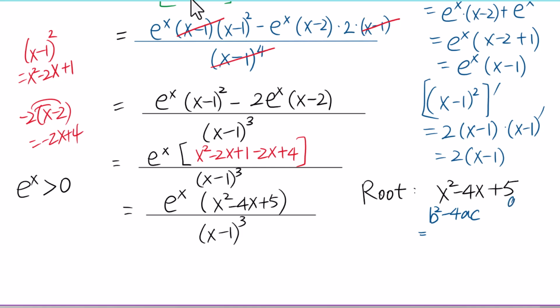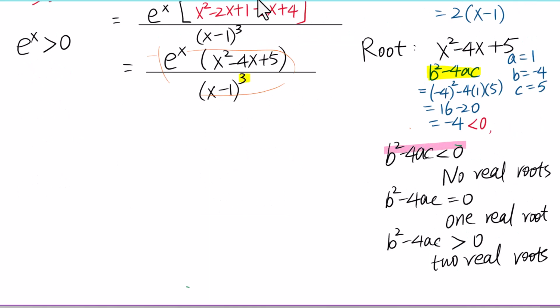We know a equals 1, b equals negative 4, c equals 5. b squared is negative 4 squared, minus 4 times 1 times 5, equals 16 minus 20 equals negative 4.